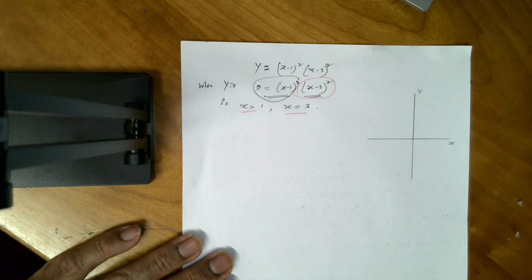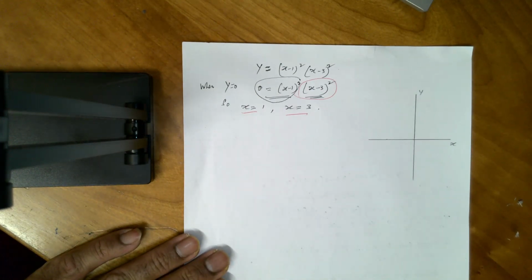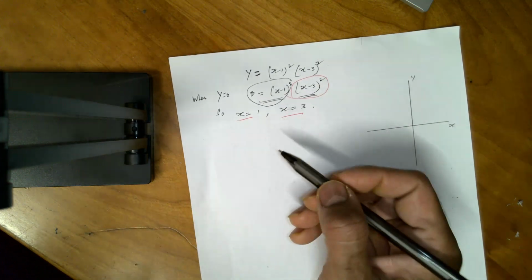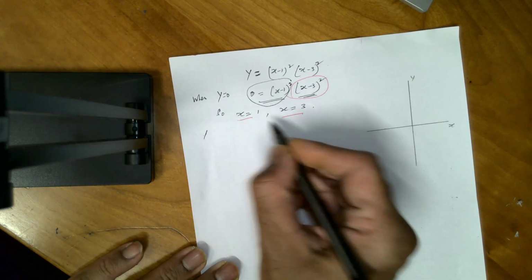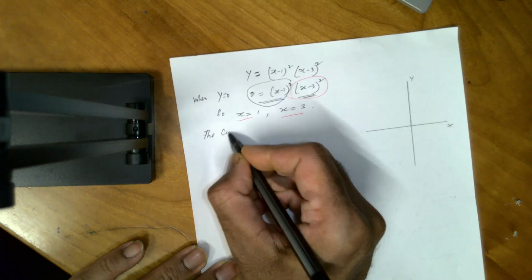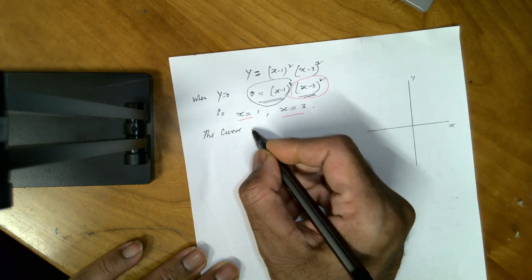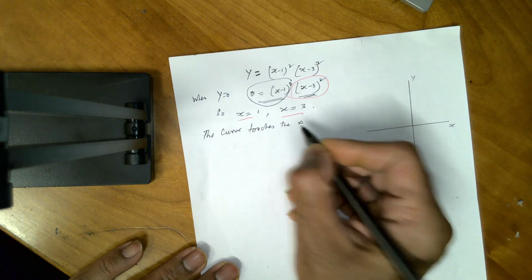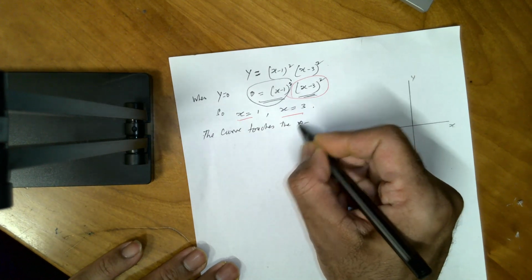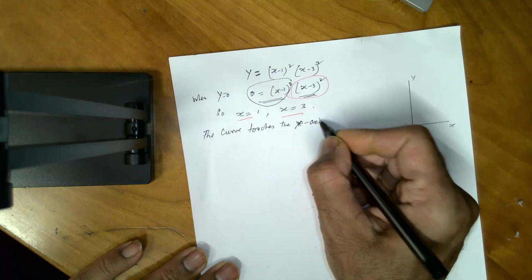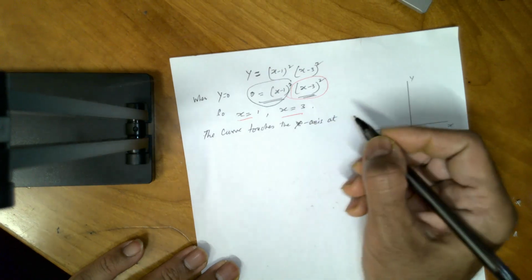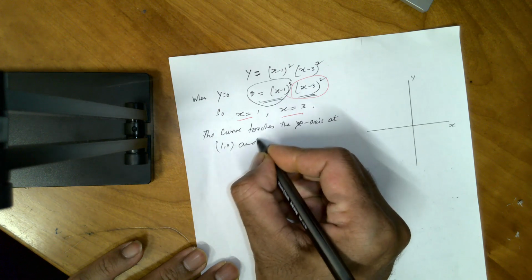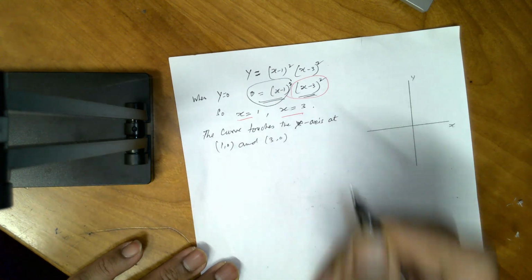All right. Okay, so the curve touches the x-axis at, so let me write down our coordinates here, the curve touches the x-axis at (1, 0) and (3, 0).